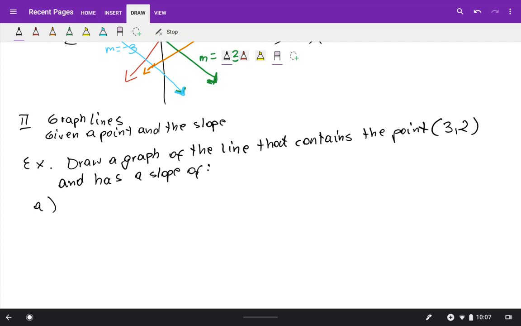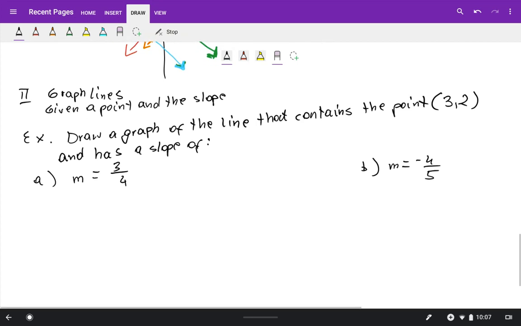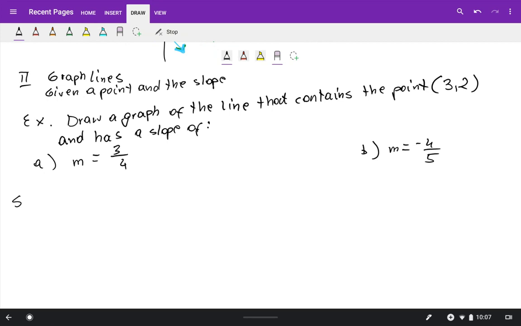In A, the slope is equal to 3/4, and in B, the slope will be equal to -4/5. Okay, so let's do solution A.